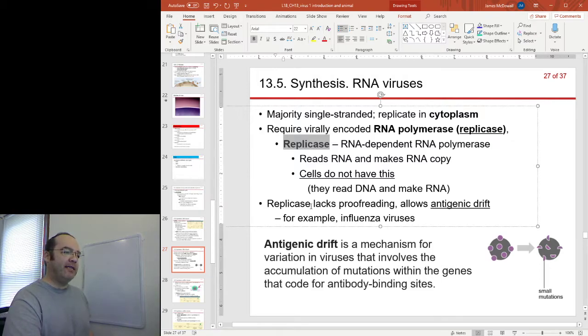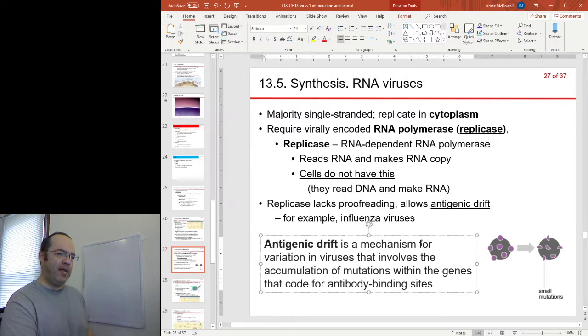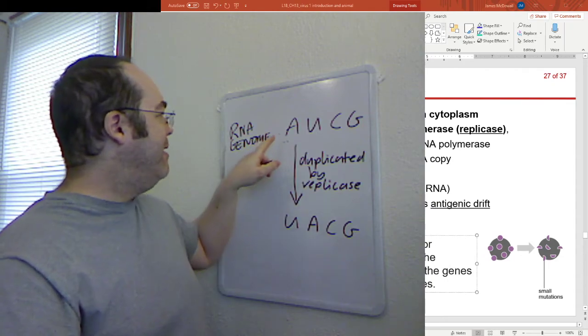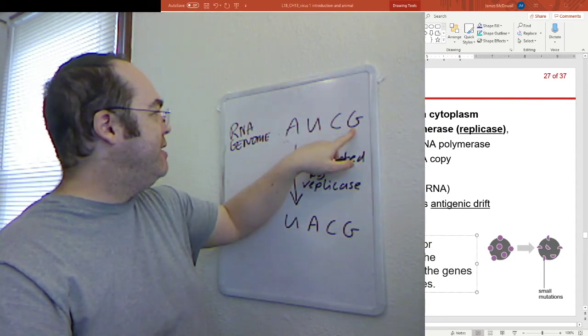One thing about the replicase enzyme is that it lacks what we call proofreading, which means it makes lots of mistakes. So, replicase lacking proofreading. Remember our bases of RNA: A's, U's, C's and G's.